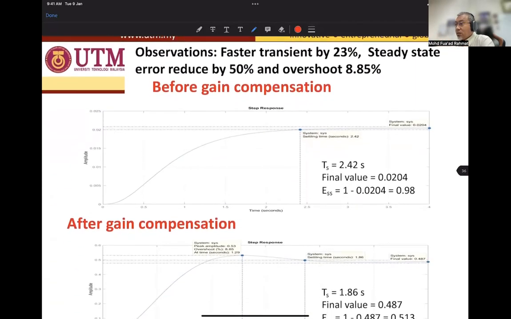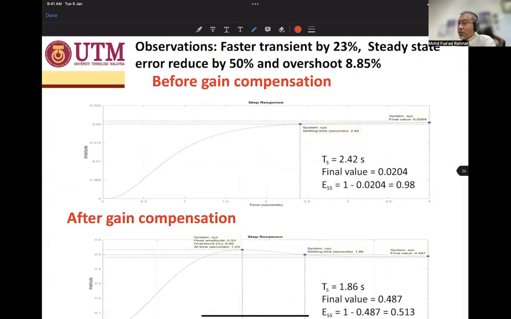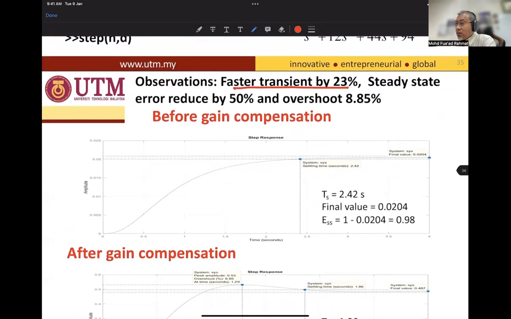If we compare the gain adjustment before and after, this is the comparison. Observations: faster transient by 23%. This is the settling time at 2 point something, but now the settling time is 1.29. So the response becomes faster, 23%.